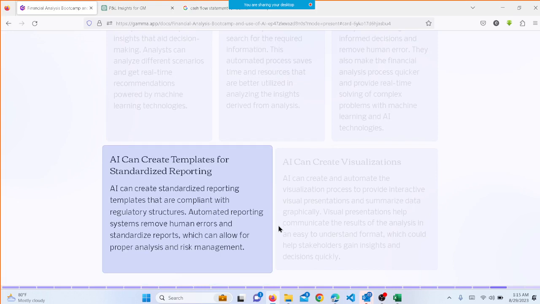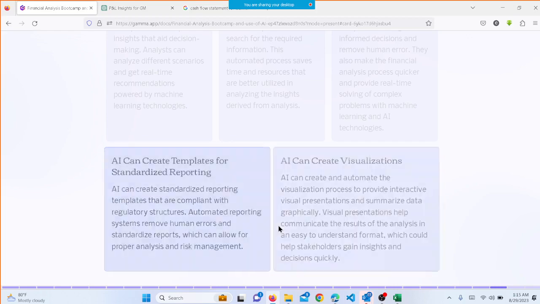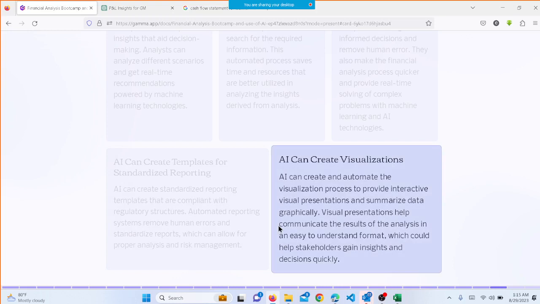AI can also create templates and standardize the reporting. So, if you already have templates, you can use the template to standardize. If not, it can create a template for you and it can use that template for reporting purposes to remove the errors. And then also it can create visualization. We have not created visualizations here, but we can.